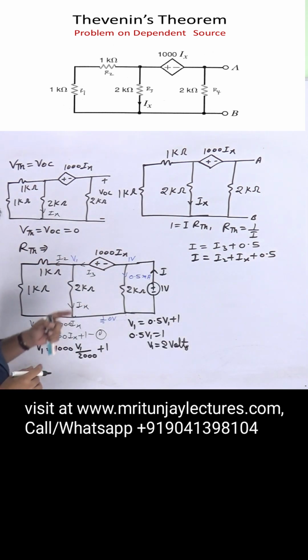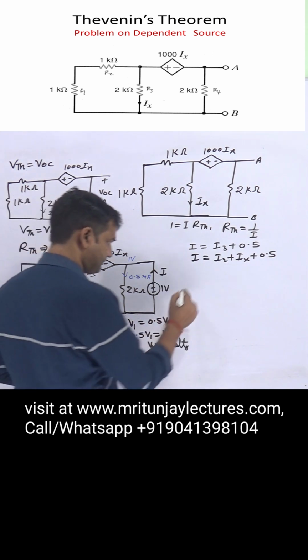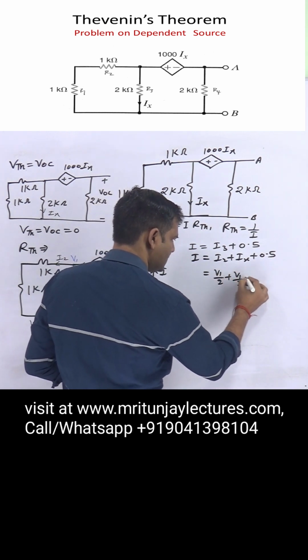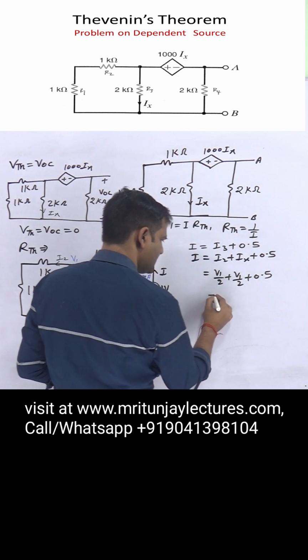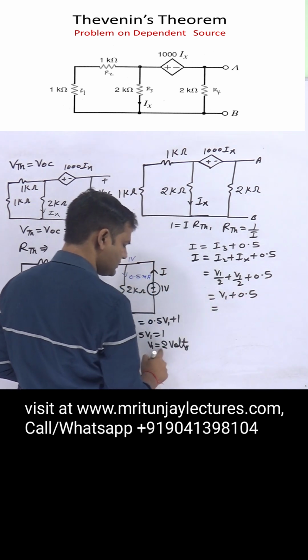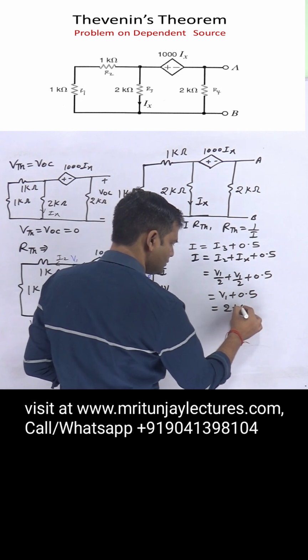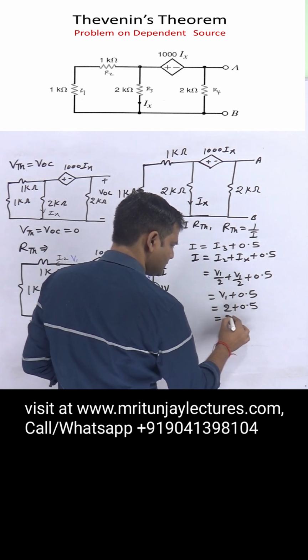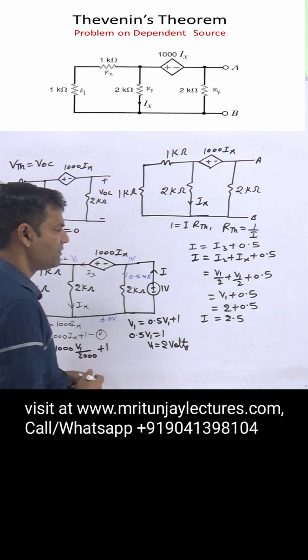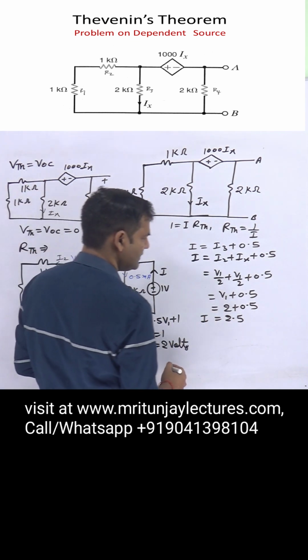I2 is written as V1 by 2, and Ix is also V1 by 2, plus 0.5, that is V1 plus 0.5. V1 is 2, so 0.5 plus 2 is 2.5. I is equal to 2.5, but our motto is to determine 1 by I.